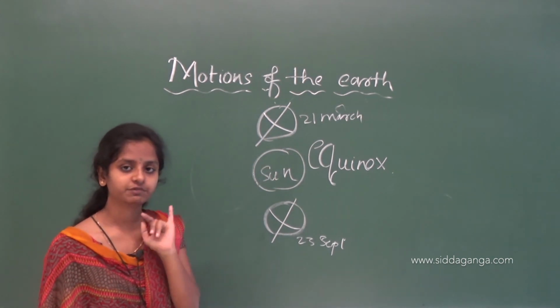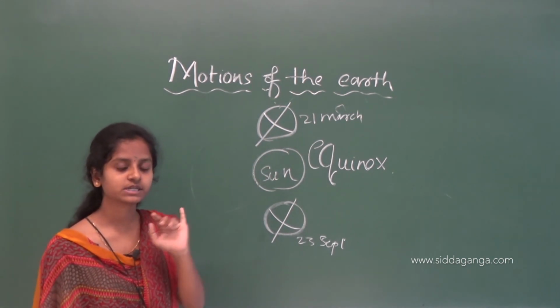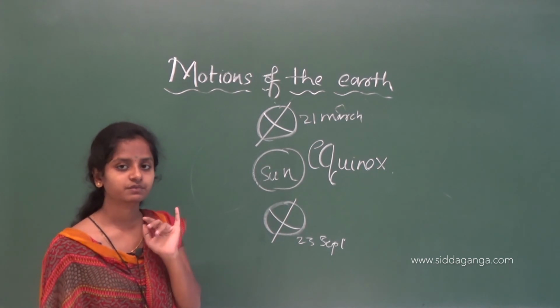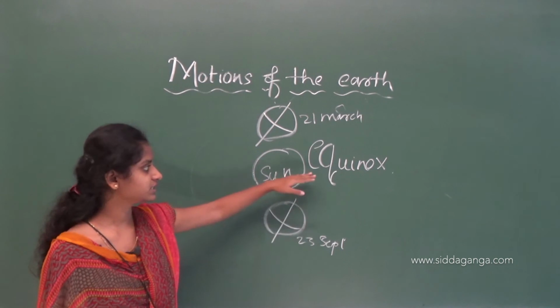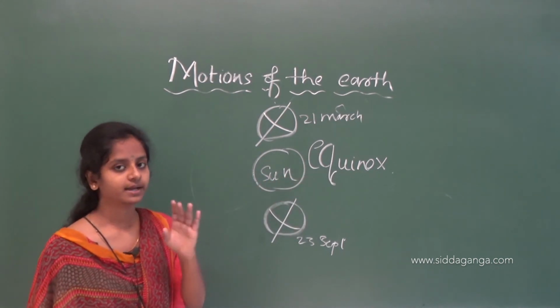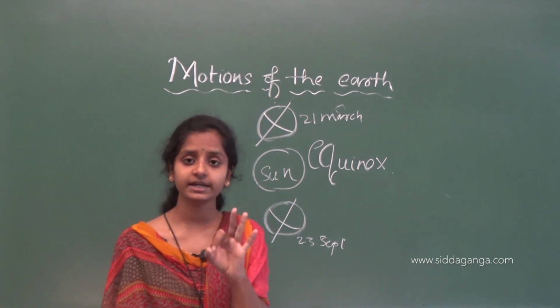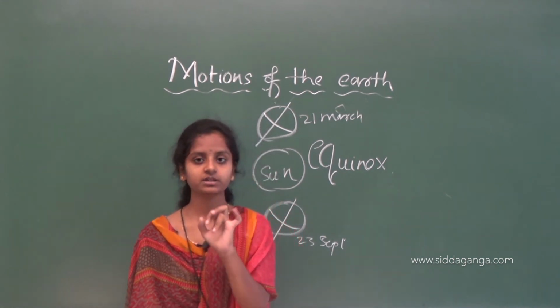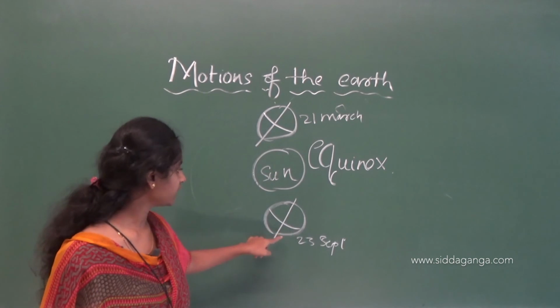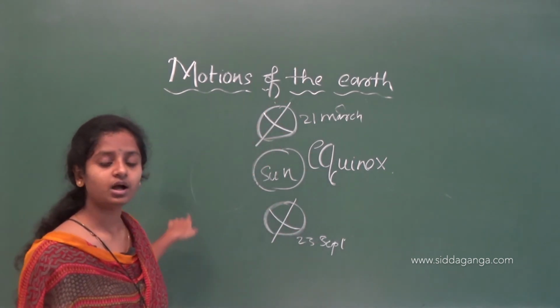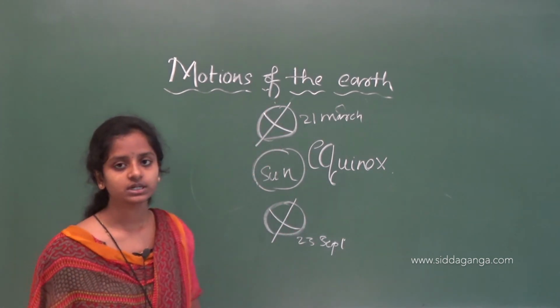So on 21st June we see the summer solstice, 22nd December the winter solstice, and 21st March and 23rd September the equinox. Night and day, and winter and summer seasons, everything depends upon the rotation as well as the revolution of the earth around the sun.